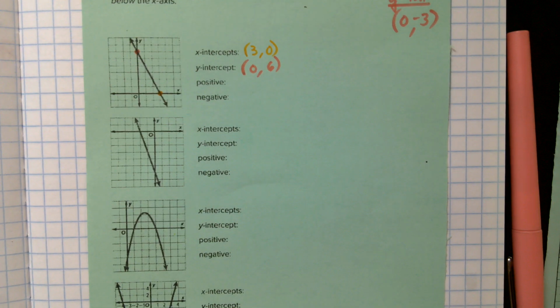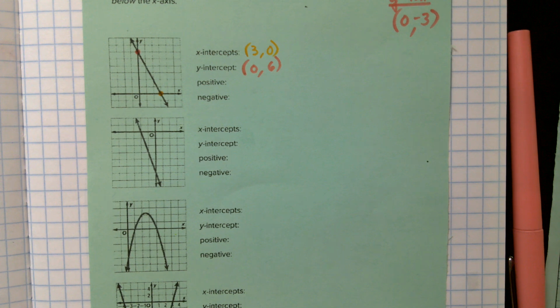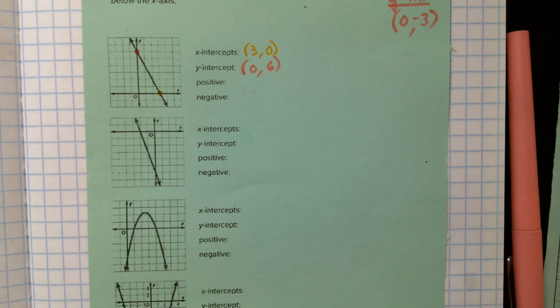Typically when I have a linear function, I'm going to have one of each. Or none. Take a moment, identify the x and y intercepts for this linear function. Good.